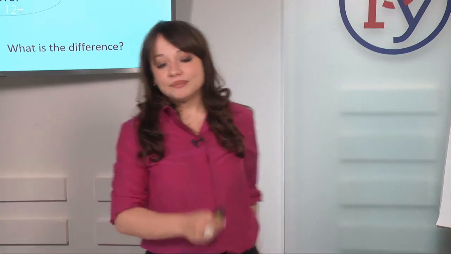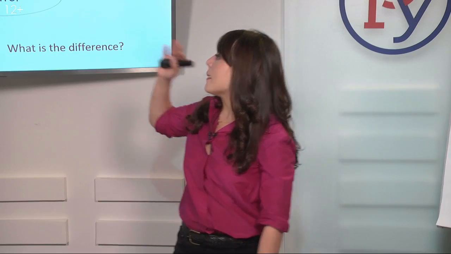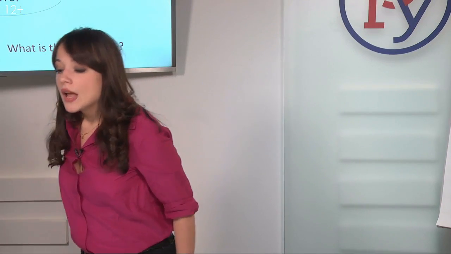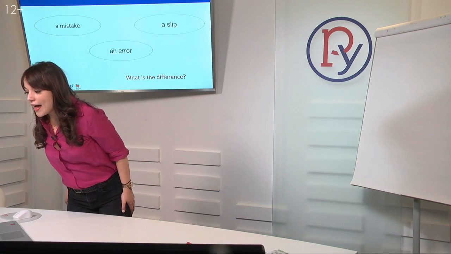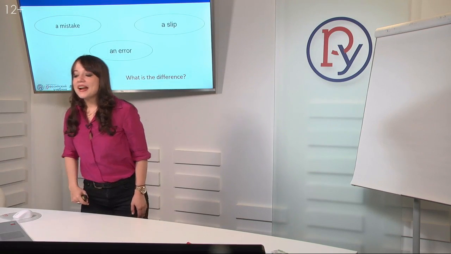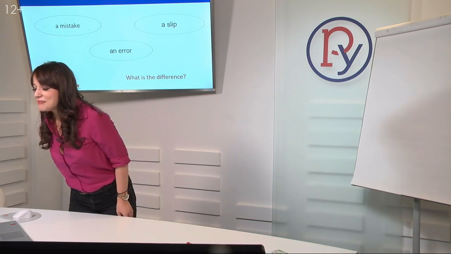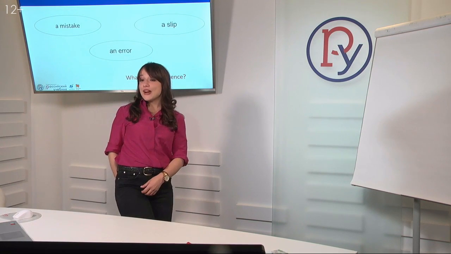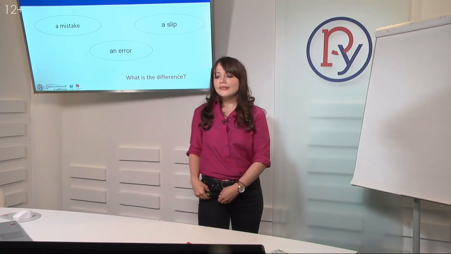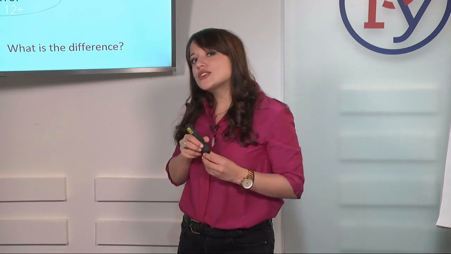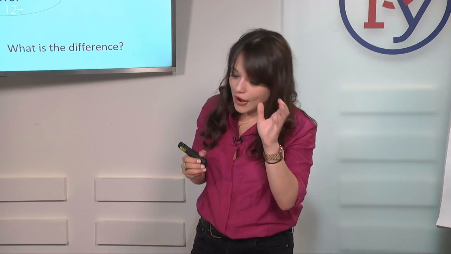Okay, so what's the difference between mistakes, errors, and slips? Now, I will help you. Yeah, that's what Alona says: a slip can be forgiven and not corrected. Now, I do agree that a slip can be forgiven, but I am not quite sure if we can just not correct it.